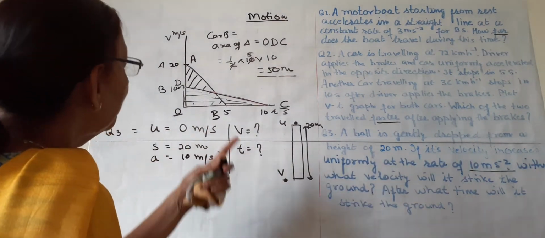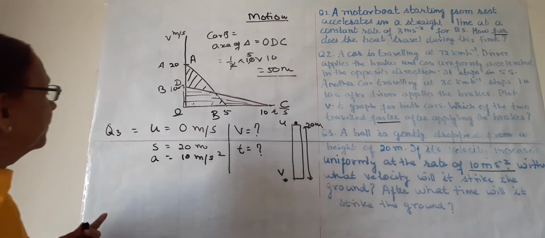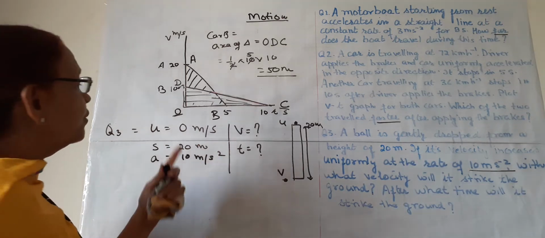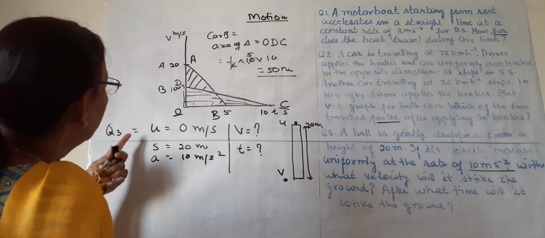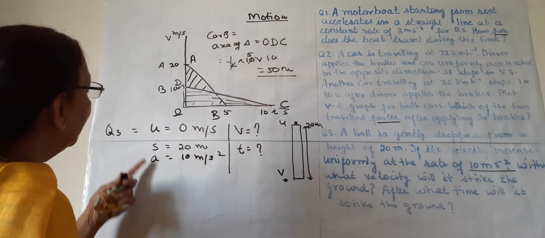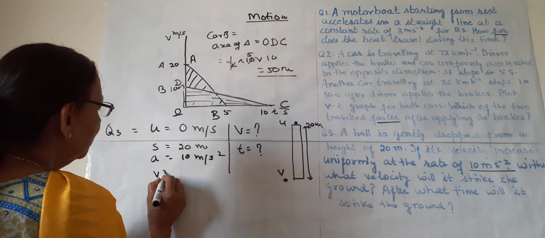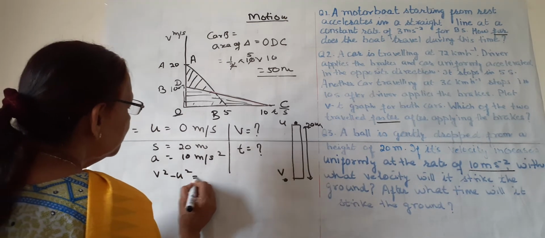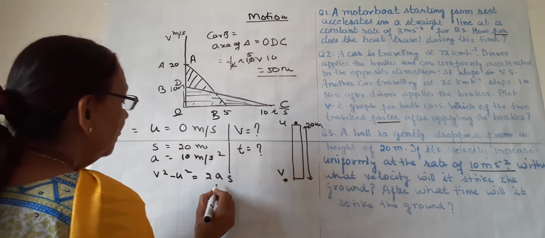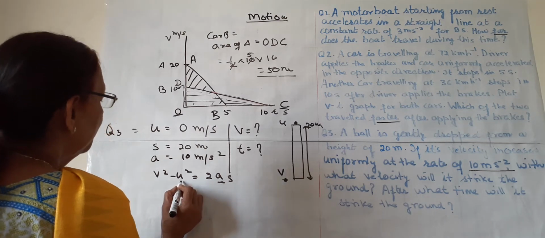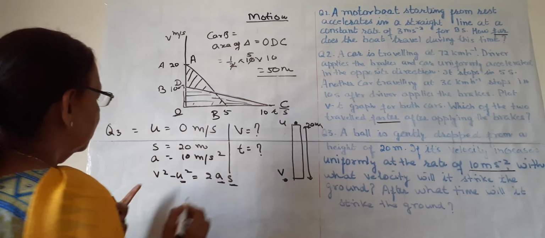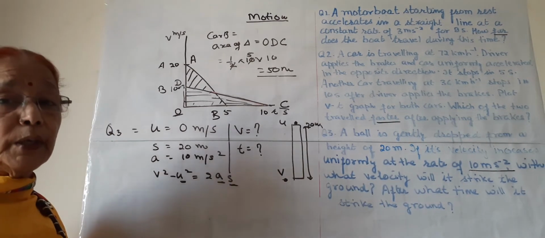So which equation should be used? We now have only a, s and u. So if you see all the equations, you can use this equation. Here we know a, we know u, we know s, and v can be calculated.